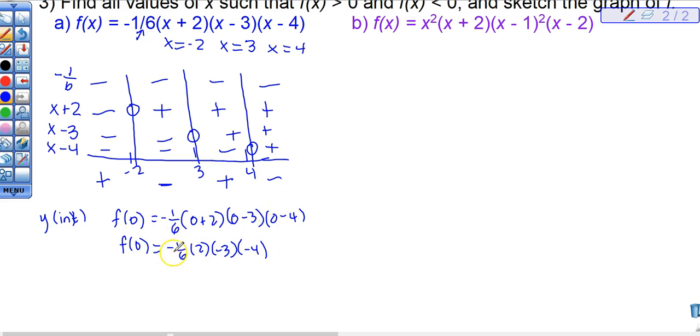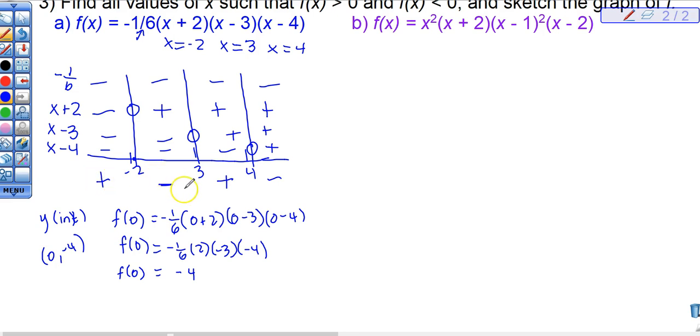That produces a negative. Multiplying backwards, 12 times 2 is 24, and 1/6 of 24 is 4. So our y-intercept is (0, -4).